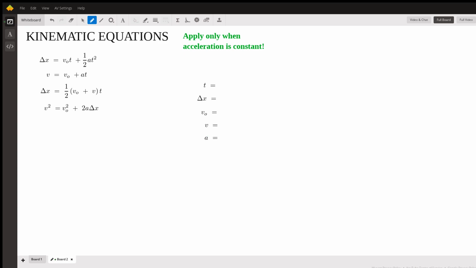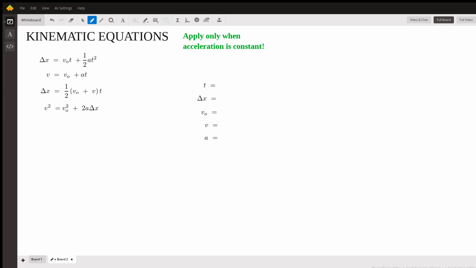Now, to solve a kinematic equation problem, what you first need to do is identify which of these 5 variables you are trying to figure out. What I do is write down TAXVOVA on the left-hand side of my paper, read through the problem, and figure out, oh, this is a problem where I'm going to need to find the displacement.